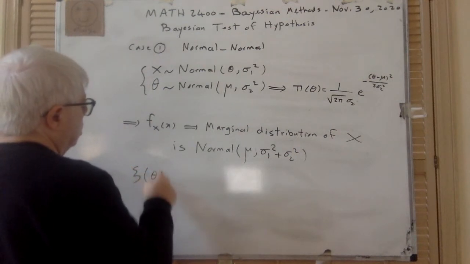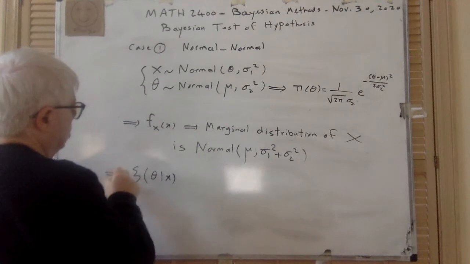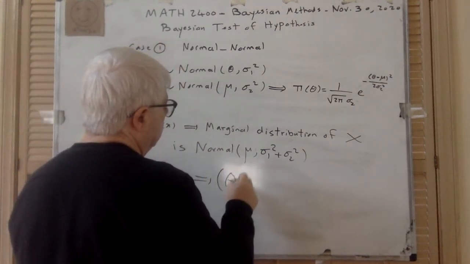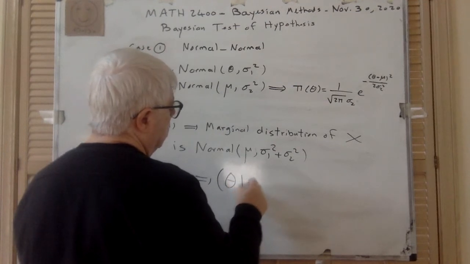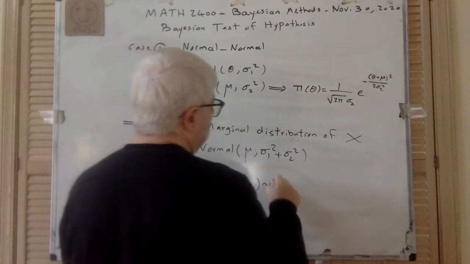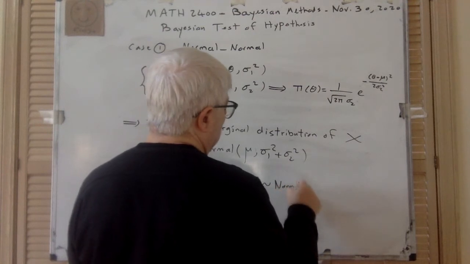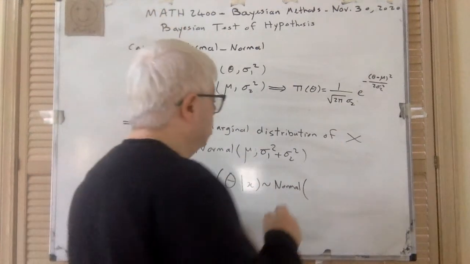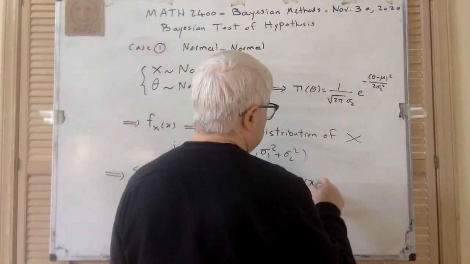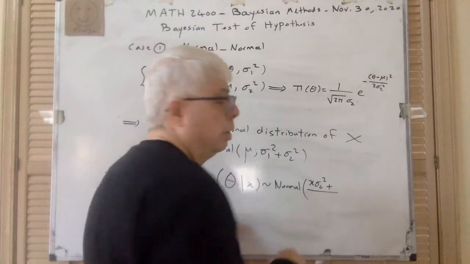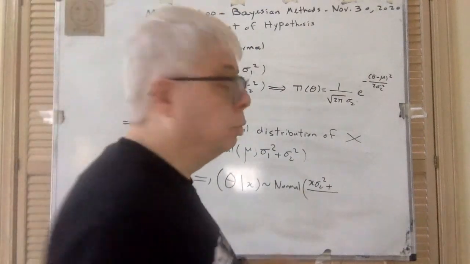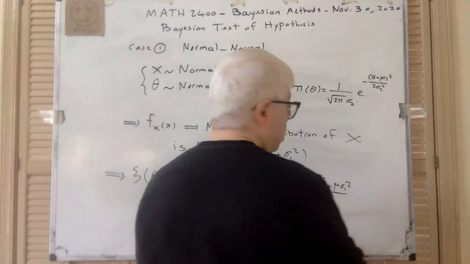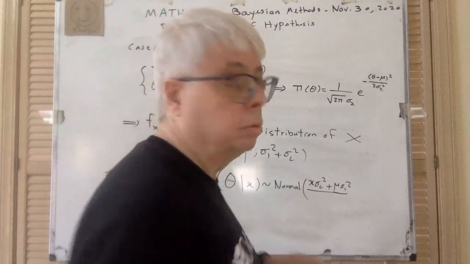So the posterior, theta given x, is normal. It is a large formula: the mean is x sigma 2 squared plus mu sigma 1 squared, over sigma 1 squared plus sigma 2 squared.